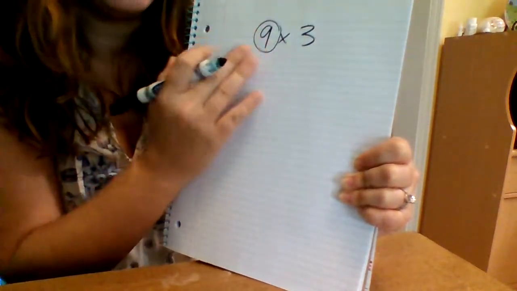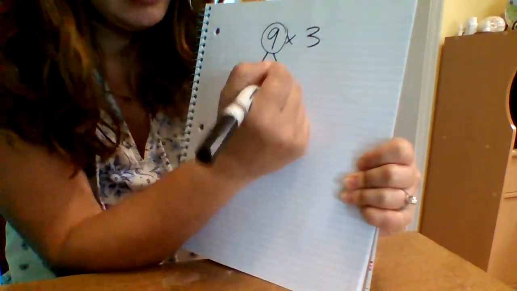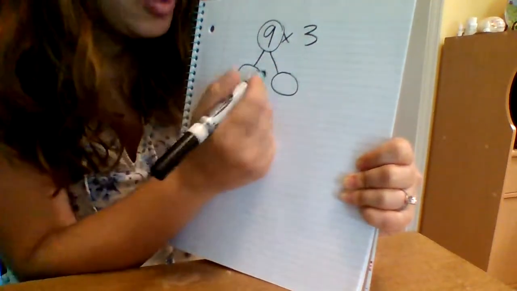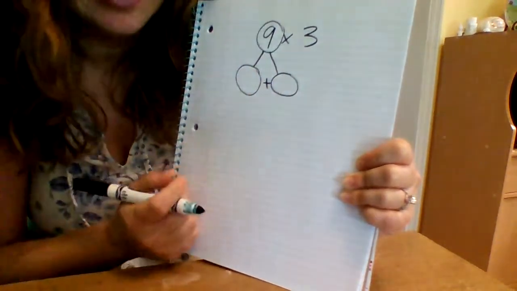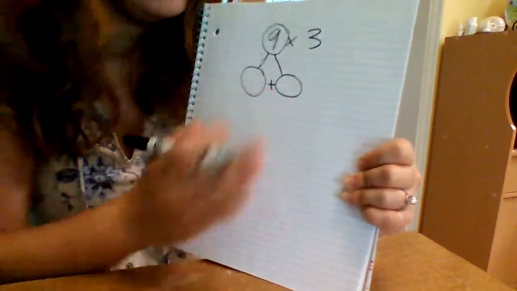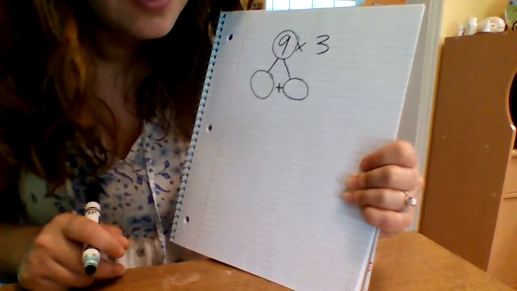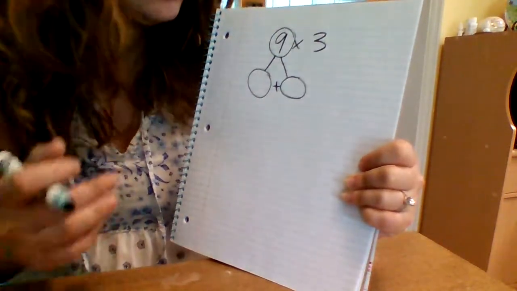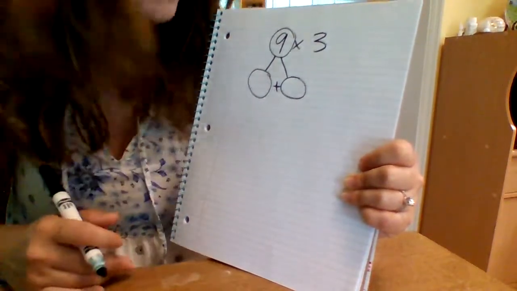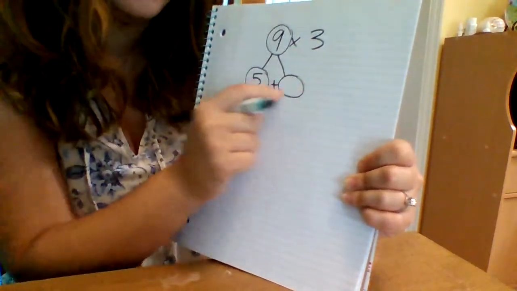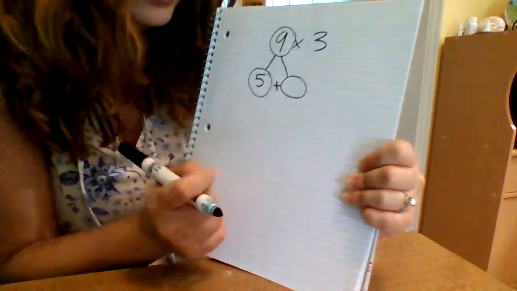Usually the bigger number gets broken apart, but sometimes, don't ask me why, people break apart the smaller number. So 9 is going to break apart into its addends. That means 2 numbers that can add up to make 9, and you have a lot of choices there. You could do 1 plus 8, okay? Or you could do 2 plus 7, but I like to do 5 plus something because I'm going to have to multiply these numbers, and I like to multiply 5 because it's easy.